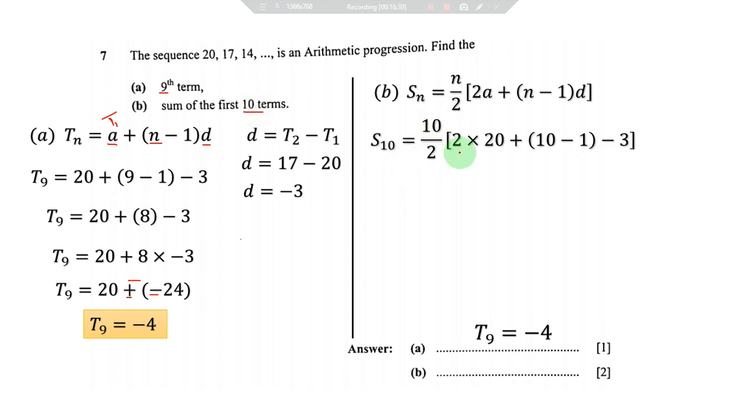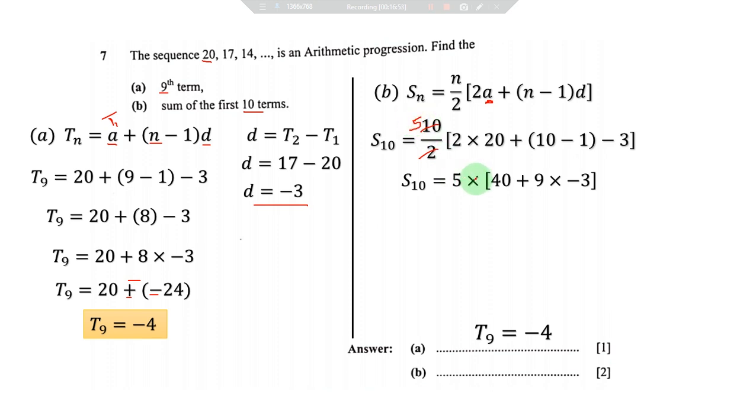So 10 over 2. Then 2 times our a here is the first number. So first number is 20 plus n is 10 minus 1 times common difference we found. It was a negative 3. So times negative 3. Okay. So here the 2 can go into 10. That is 5 times. This is the 5 you are seeing outside.